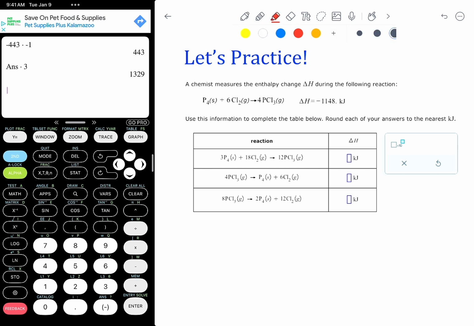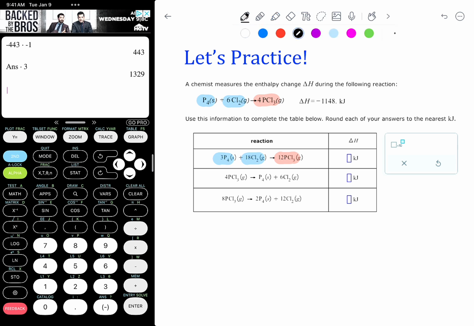Okay, let's stick with our highlighting method. I like doing the highlighting. It makes it easier for me to see everything. So we have P4 and Cl2 on our reactant side originally, and PCl3 on our product side originally. So in our first reaction, we have PCl3 on the product side, Cl2 and P4 on the reactant side.